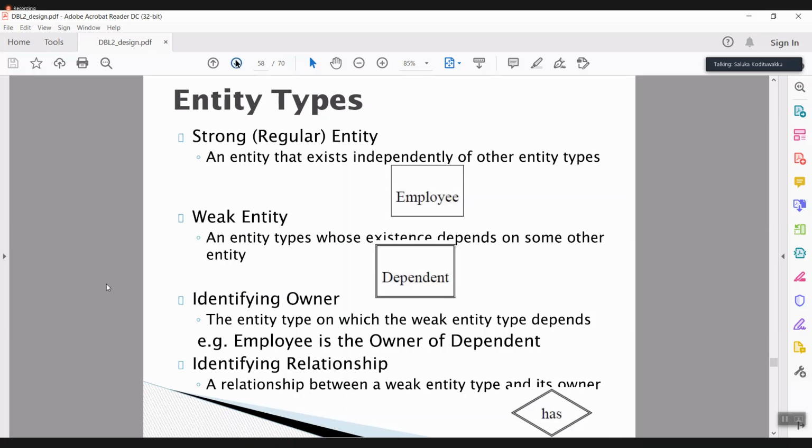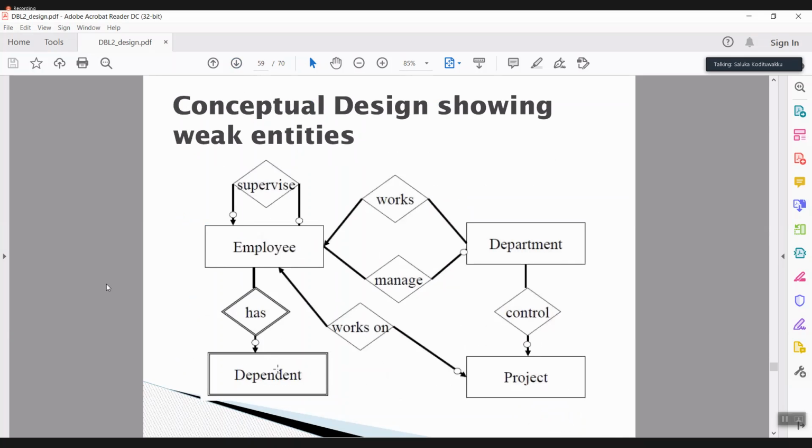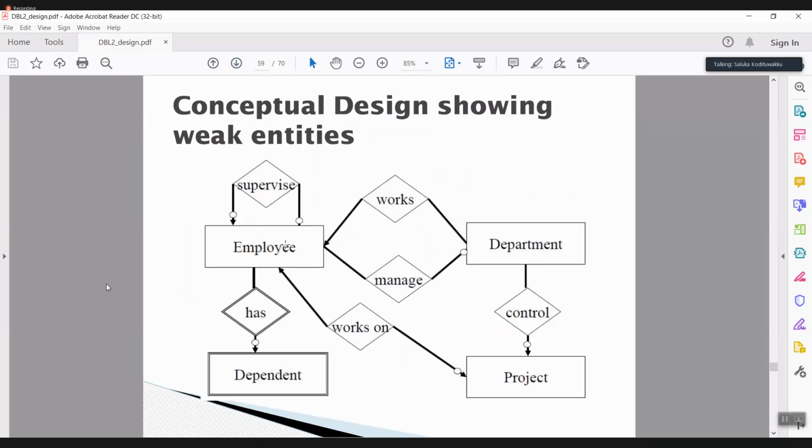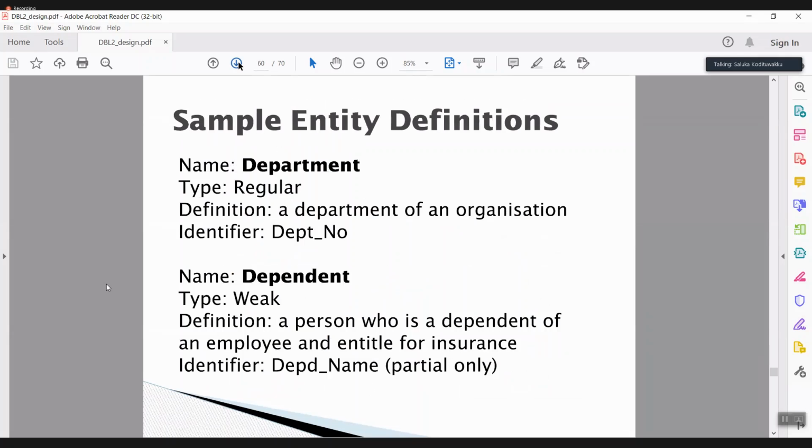That is how we indicate it. In the previous diagram, it was not clearly shown. There you can see that employee has dependent, but there is no differentiation between the employee and the dependent, that is, the dependent and the owner. But now it has. Employee has dependents. Both the dependent and the relationship, the entity and the relationship, are marked with double lines.